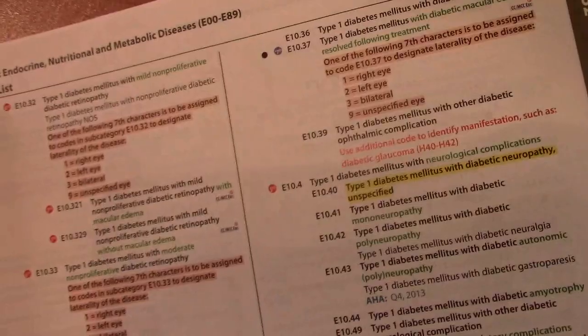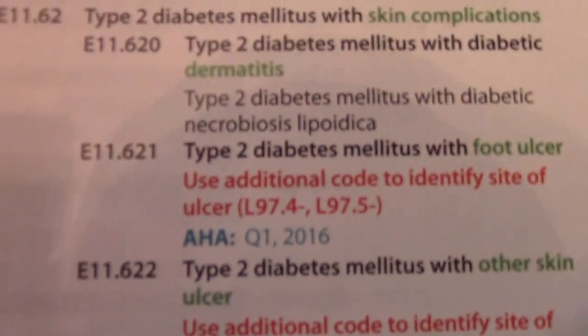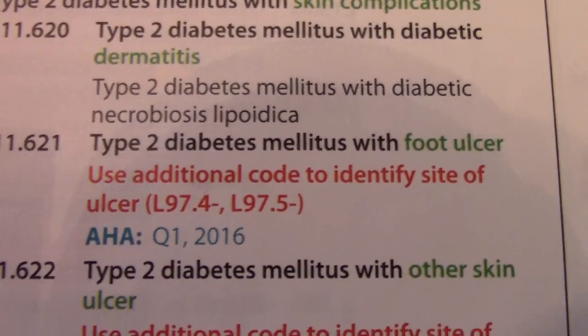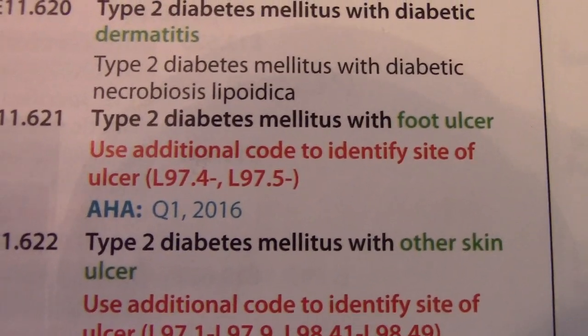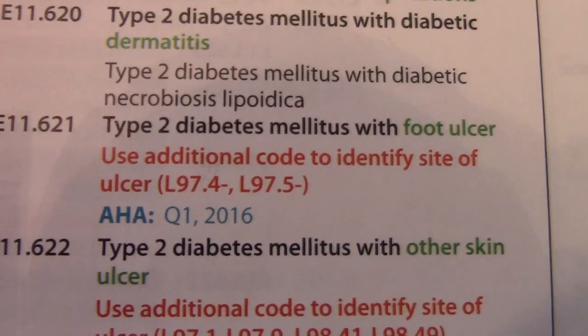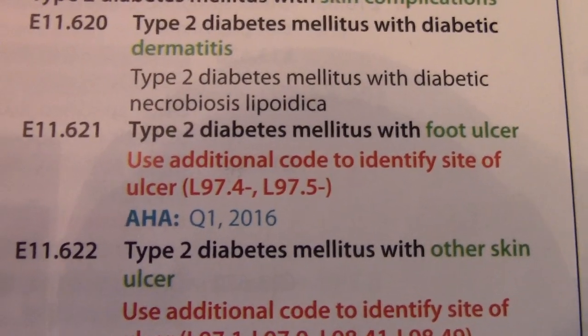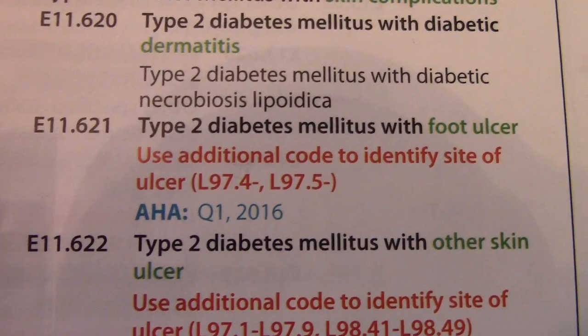So when I go to E11, type 2 diabetes with foot ulcer, it says use additional code to identify the site of the ulcer. So you see that? So if I want to identify the site of the ulcer, it already tells me it's between categories L97.4 and L97.5.